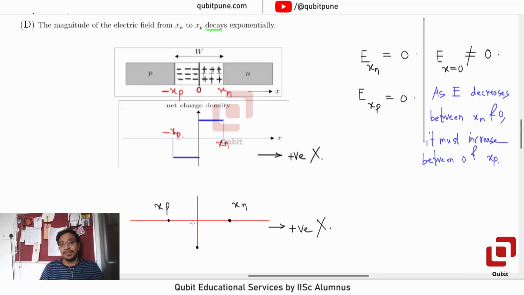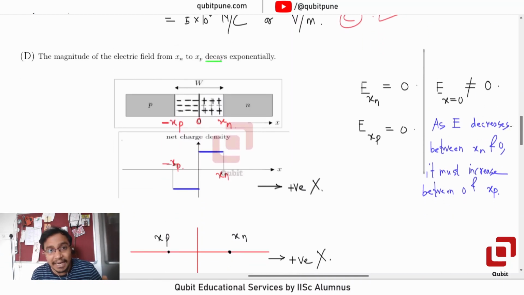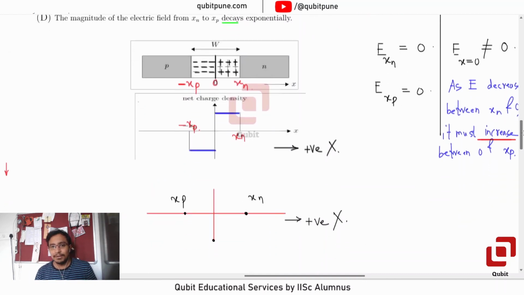It must increase between 0 and xp, which basically means that a decrease must be accompanied by an increase, and that contradicts with the word decay. Decay usually means always reduction, like population decay. The radioactive sample decays, which means the number of radioactive nuclei reduces, but it never increases. But here the field is increasing, or we can say the other way, if it is decreasing from xn to origin, then it has to increase again to 0 from origin to xp.